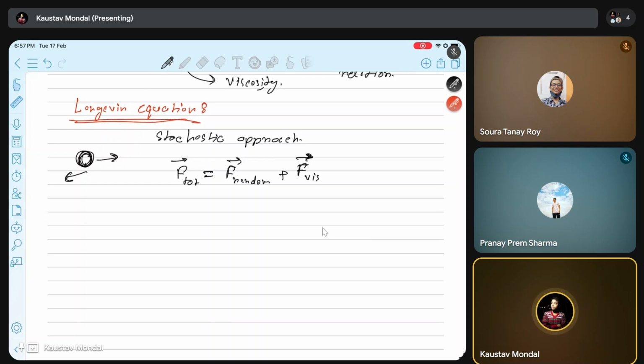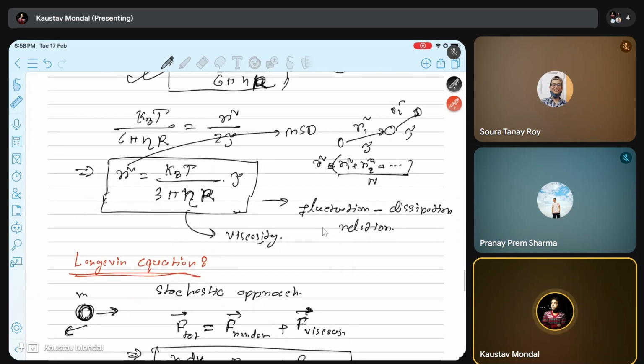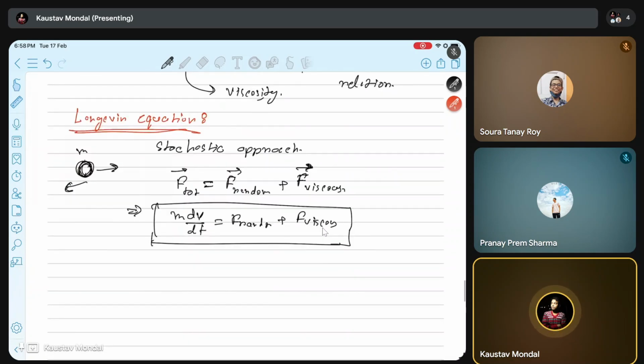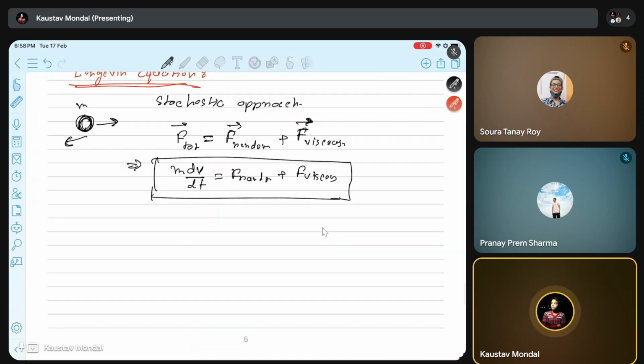So basically, if the particle mass is m, then m dv/dt is F random plus F viscous. This type of equation of motion is known as the Langevin equation.